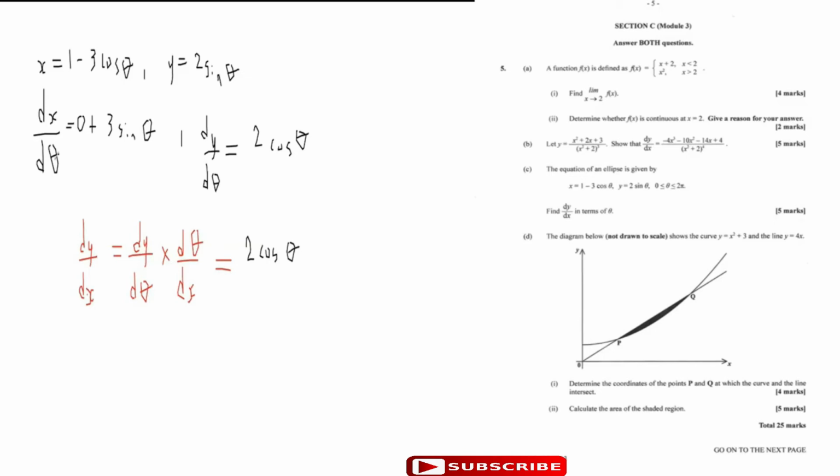But we know dx/d theta, so d theta/dx is 1 over this. So it's multiplied by 1 over 3 sine theta. And so this works out to be cos over sine is cot. So it works out to be 2 over 3 cot theta. That's dy/dx. Nice and easy.